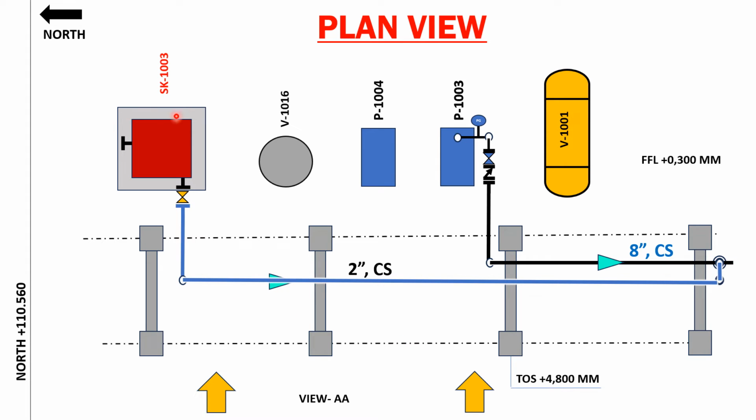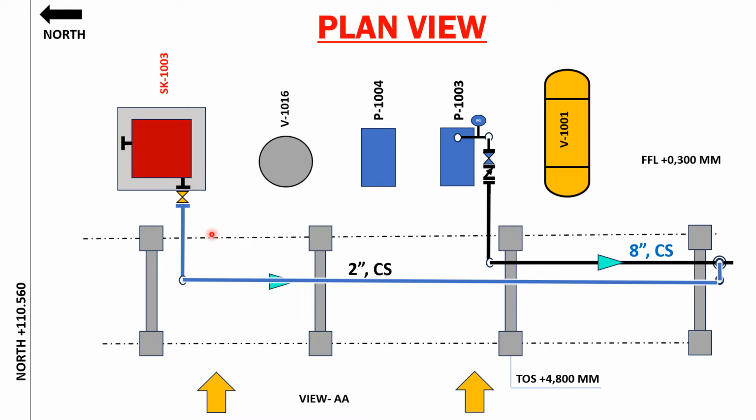See, this is an equipment we placed, and from here we have taken a line, and the line is raised over here, and from here the elevation is different. This elevation is lower, this elevation is higher. From here the line is raised, and then it went over the pipe rack, and from here again it raised, and then here it dropped. So this is the entire layout of the line.